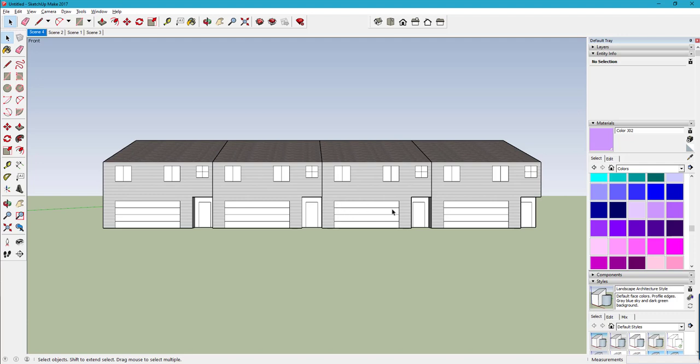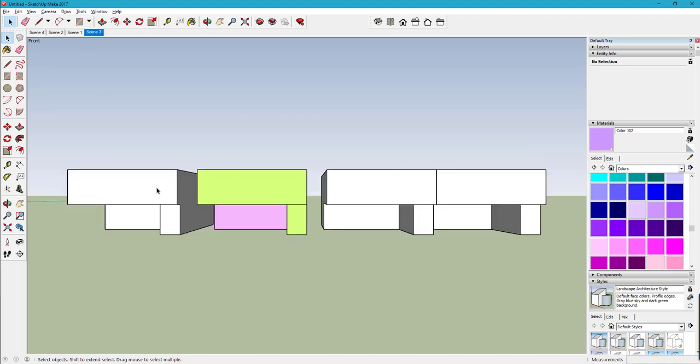Notice these houses have a garage underneath some of the living space, and that garage is not part of the pressure boundary or the thermal boundary of the house. So here in this drawing, I've drawn just the pressure boundary of each unit, and then I've pushed the units apart a little bit so that you can look down and see the common walls that are actually between the units.